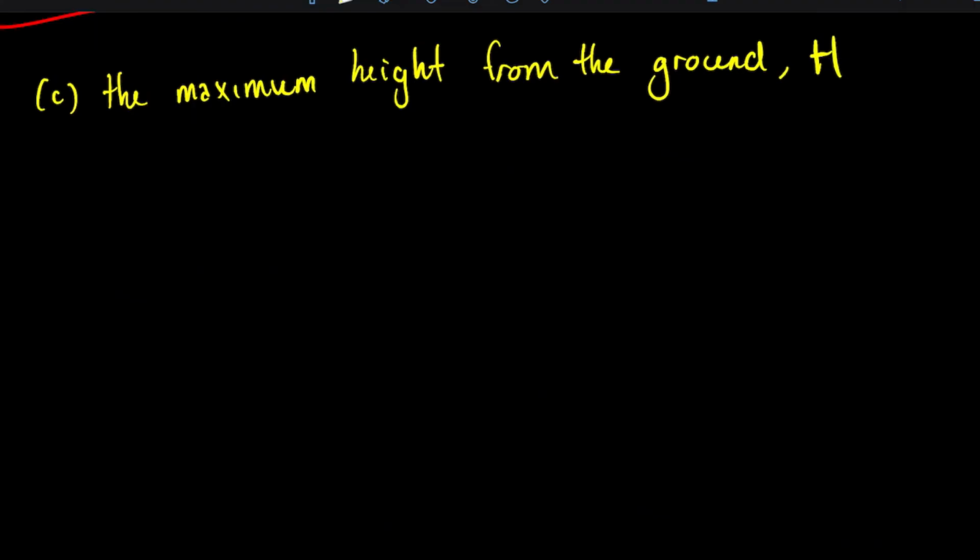The maximum height from the ground, we're going to call it capital letter H for height. This maximum height is just the distance from the ground to the hand, which we call delta D bottom, plus from the hand to the very top, delta D top.